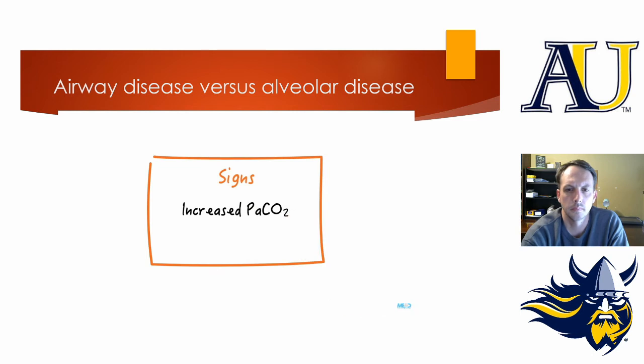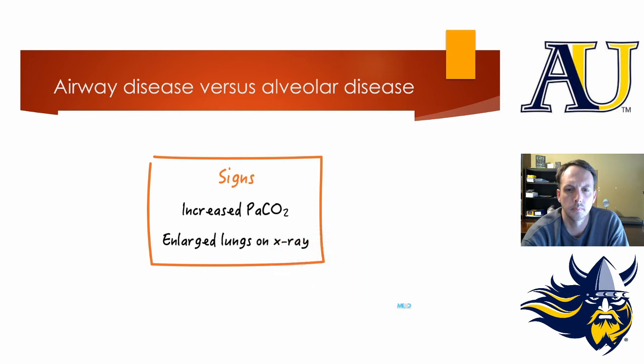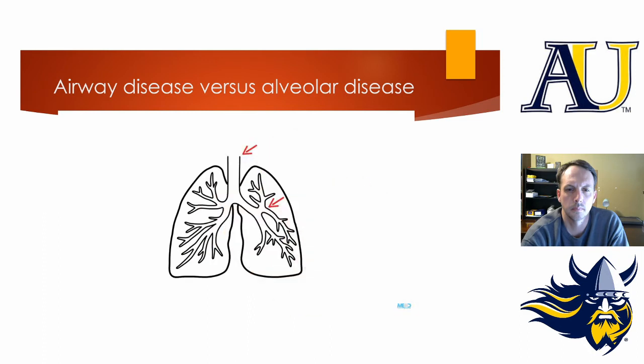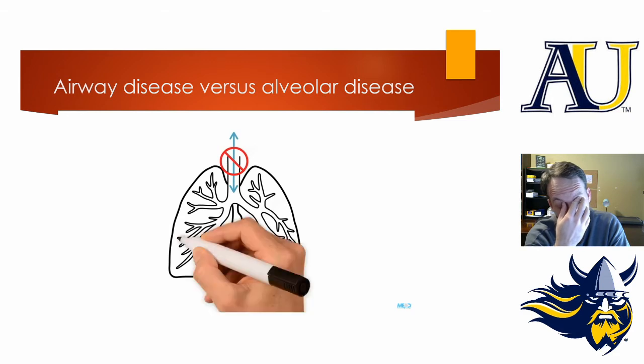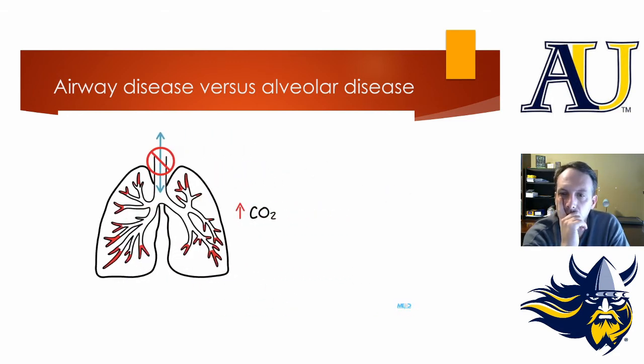Also, on an X-ray, the lung size might actually appear larger since over time there is an accumulation of volume. So in general, patients who have an airway disease exhibited by a decrease of air flowing in and out of the lungs will be at risk of air trapping and increased levels of CO2. Now in the upcoming videos, we'll discuss strategies to identify and modify ventilator settings to treat patients with airway disease.